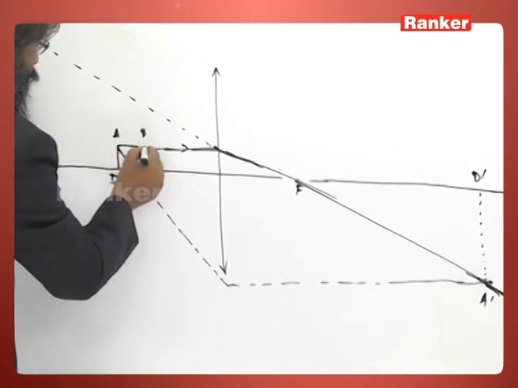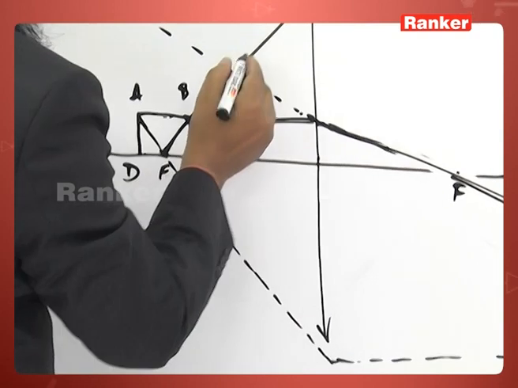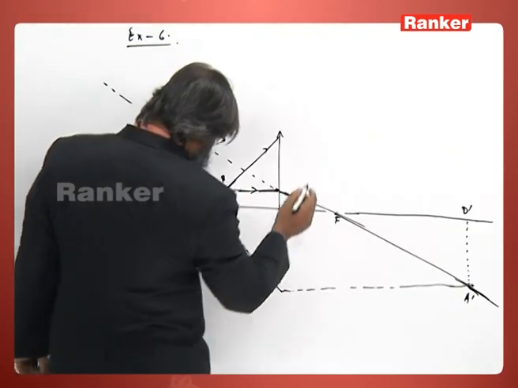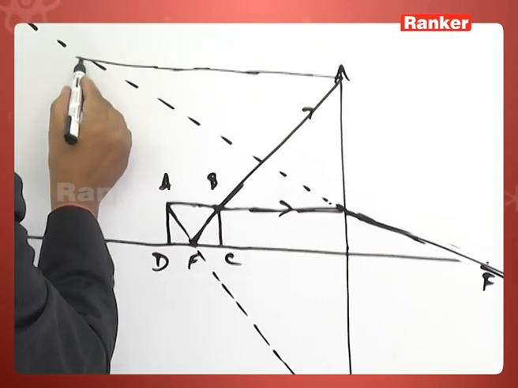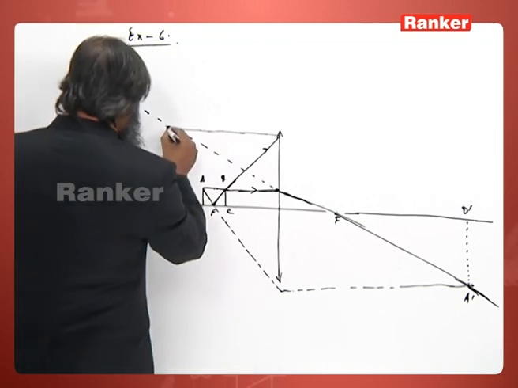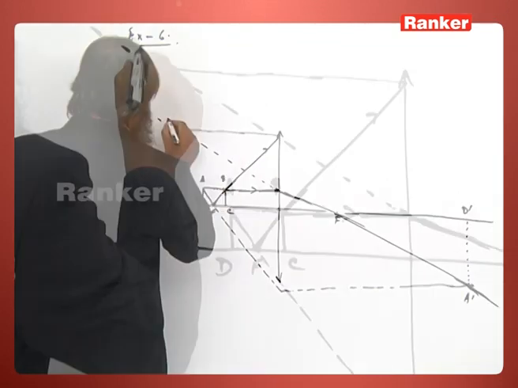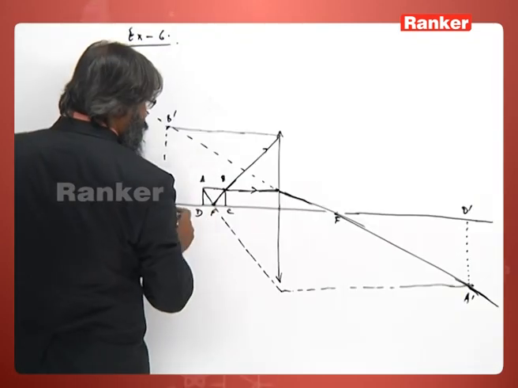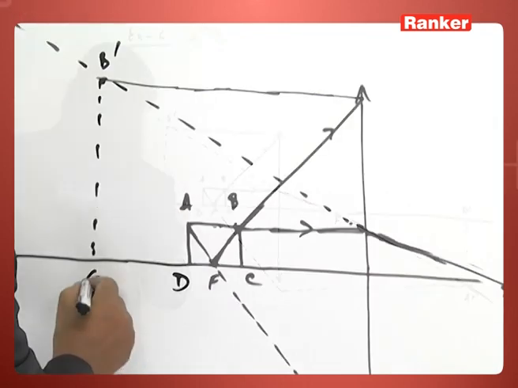And if I join this B and F, any ray passing through this focus goes like this. So you see here, this is B dash, and this is C dash.